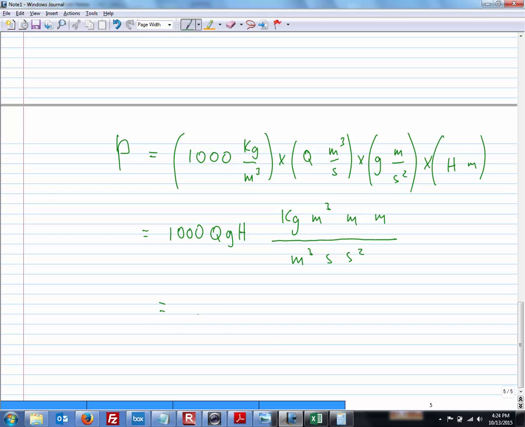So I'll just keep on going. 1,000 Q g H. Let's cancel some units. Meters cubed cancel. These become meters squared. Now we've got kilograms, meters squared over seconds cubed. And if you remember back to 101, we've got mass times length squared over time cubed, and boom, we've got our proper dimensions of power. So, it's just double checking.